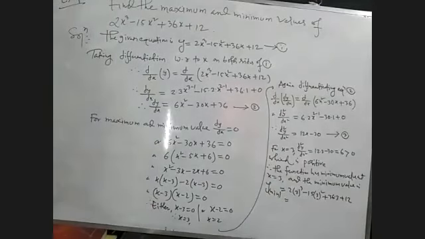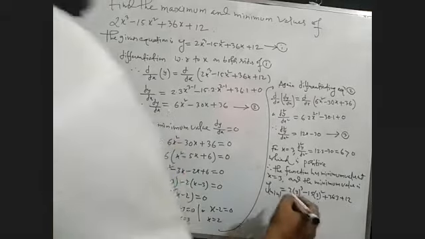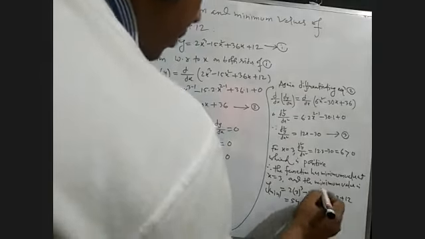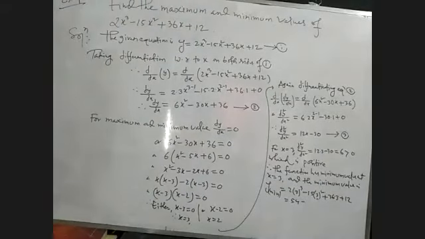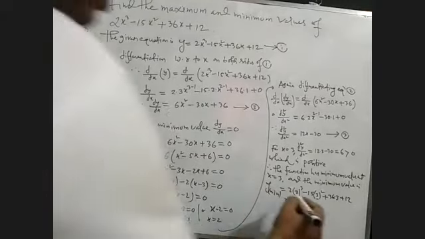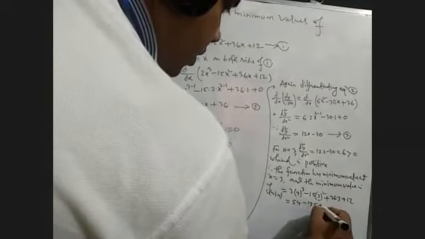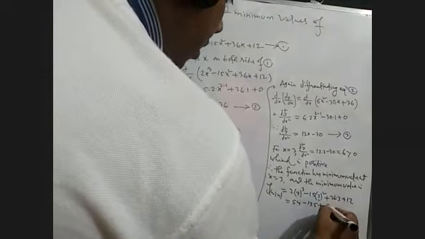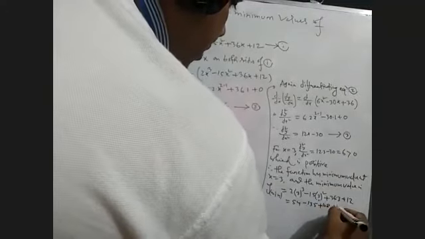This equals 27 multiply 2, 54. 9 into 15, 135. 36 into 3, 108, plus 12.